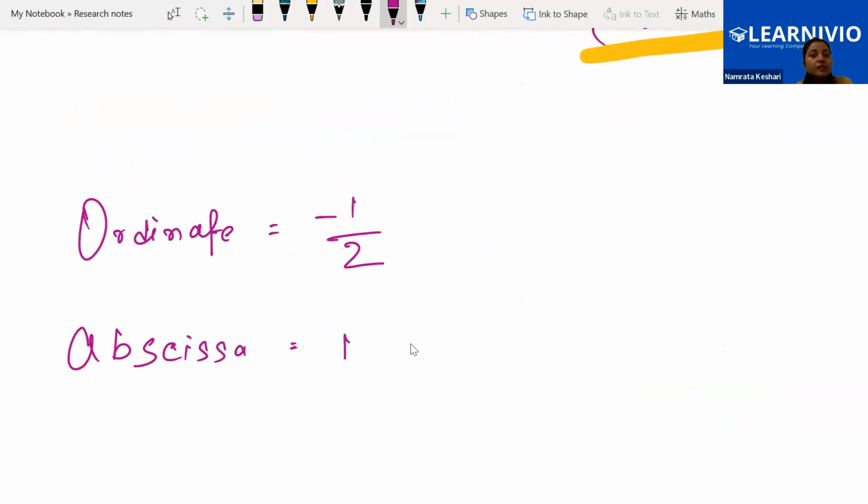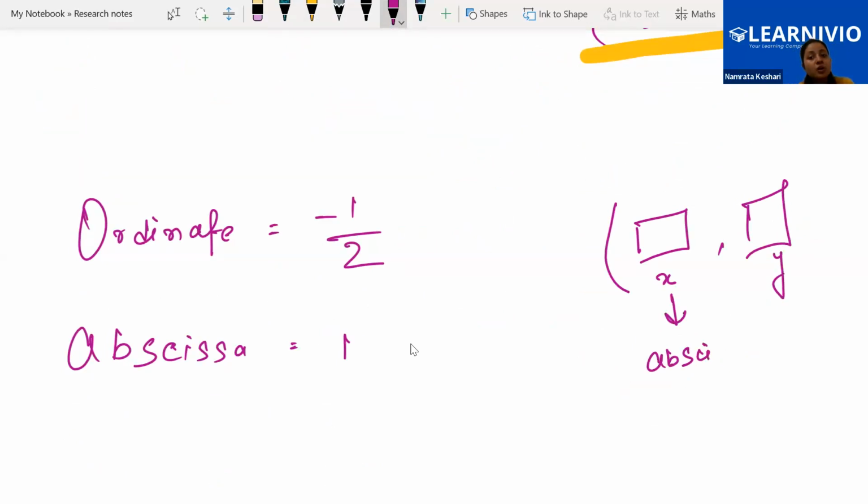See, whatever is x, the x coordinate, is called the abscissa also. So abscissa is the name of the x coordinate. And ordinate is the name of the y coordinate. The y coordinate has one more name, like a pet name. That name is ordinate.